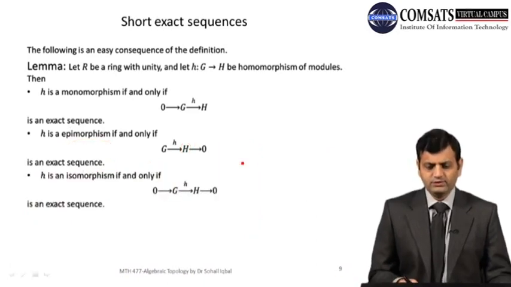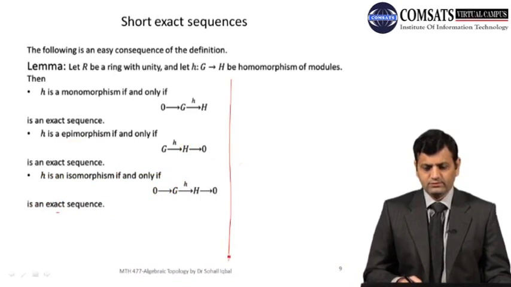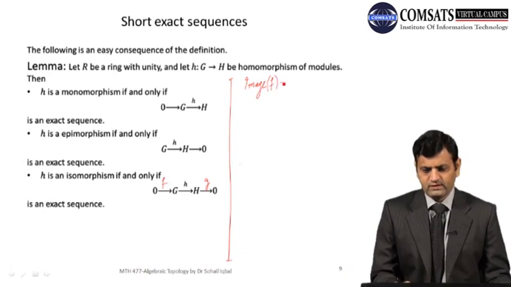Now on the same lines, we can show that h is an isomorphism if and only if it is an exact sequence. The proof of this is the first interesting proof that we are going to do in today's lecture. So let's say this map is F and this map is G. According to our notation that we set earlier, F from 0 to G, the image of F is equal to 0, and this must be equal to the kernel of h.